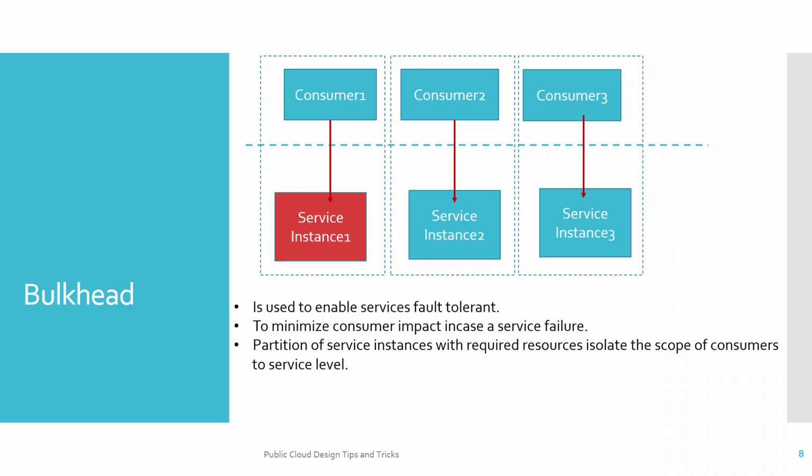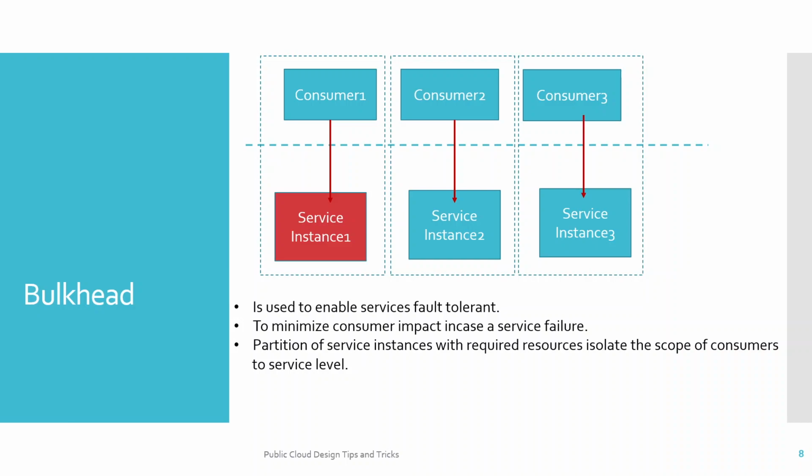So when you create an instance of a service, it always creates its own instance of the ecosystem. For example, let's say service instance 1 is using a connection pool, so it will never depend on service instance 2's connection pool. So that is where it creates another pool of ecosystem within that instance boundary, or within the microservice boundary.